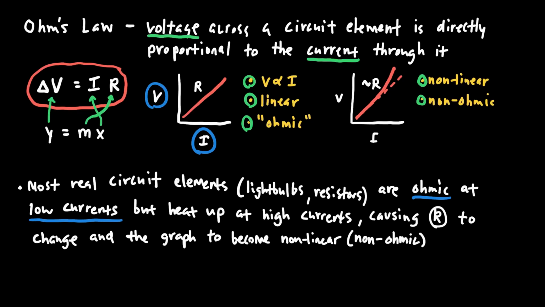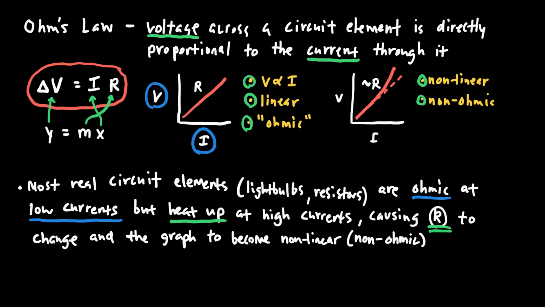But as I turn up the current, these objects are going to heat up. And as they heat up due to those high currents, the resistance is going to change. Maybe you remember thinking about the resistivity equation a minute ago, and the resistivity of the material can increase or decrease depending on the temperature.